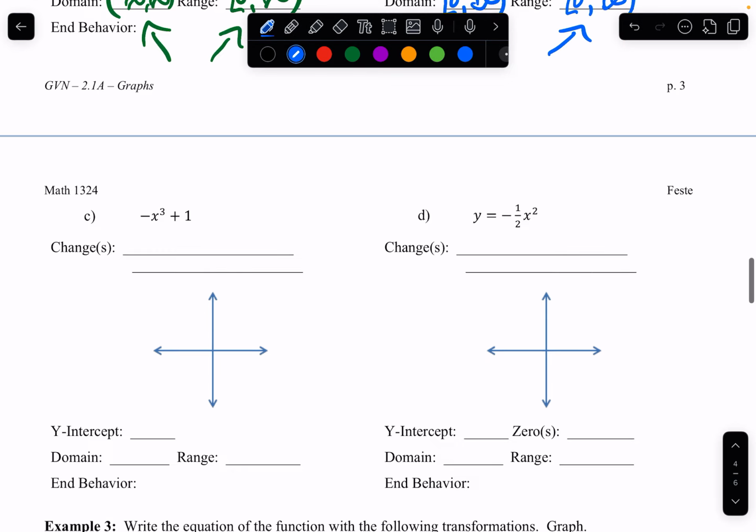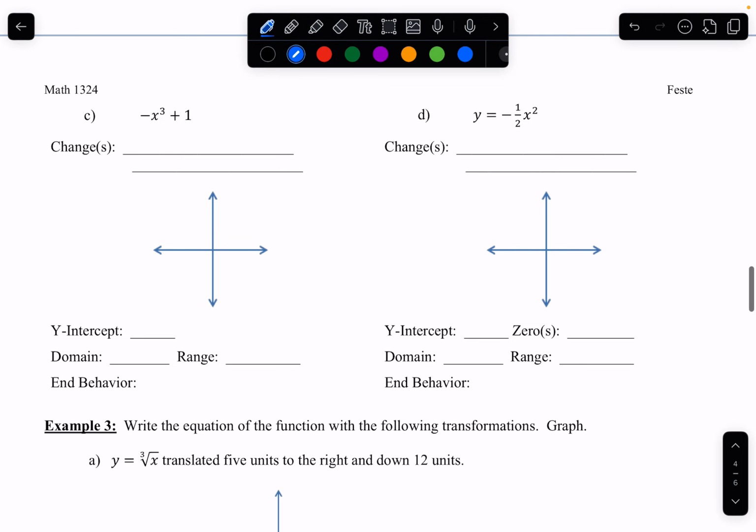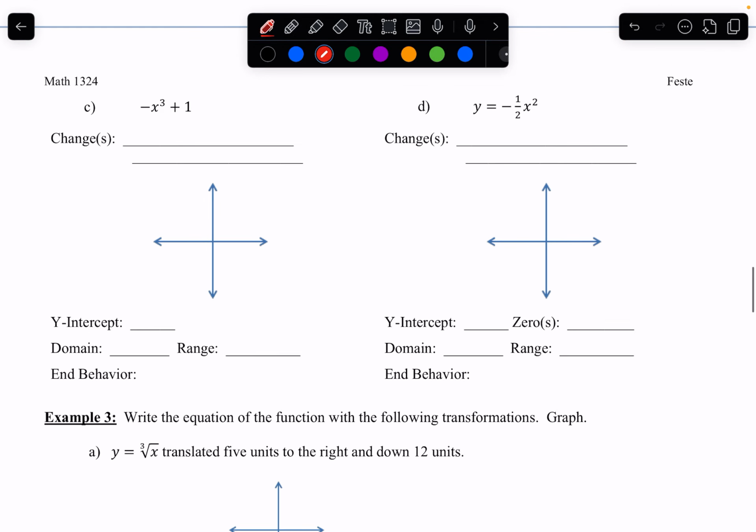Okay, next example. And feel free to pause it and try it yourself and see if you get it correct at any point. Okay, this should be y equals. Our parent function is y equals x cubed, which looks something like this right here.